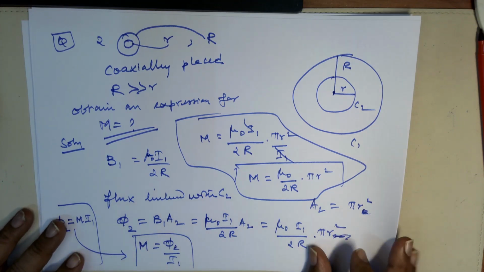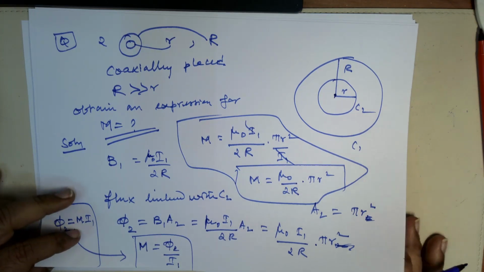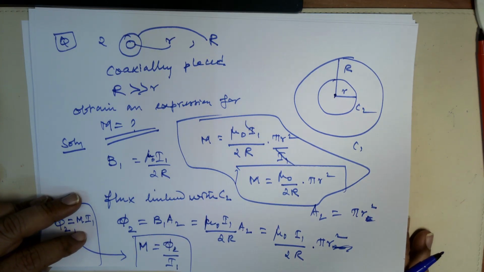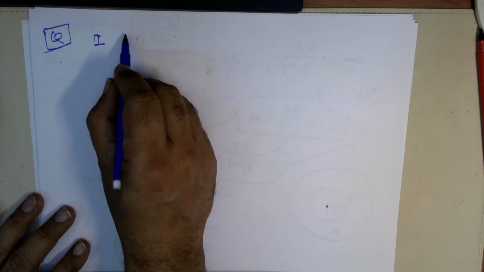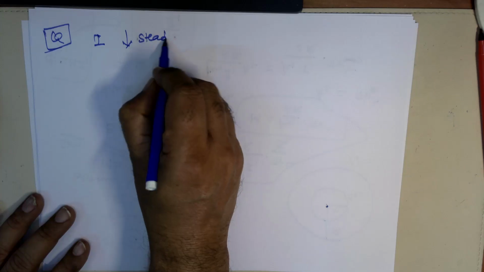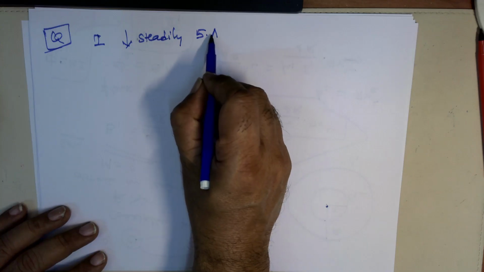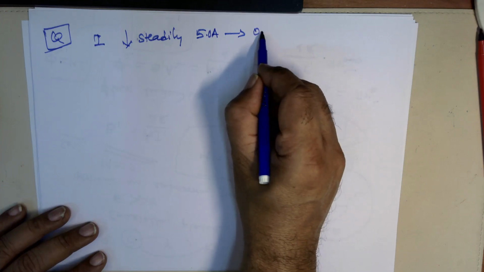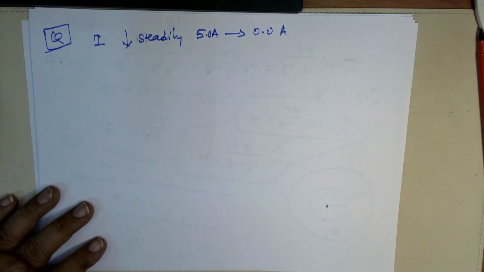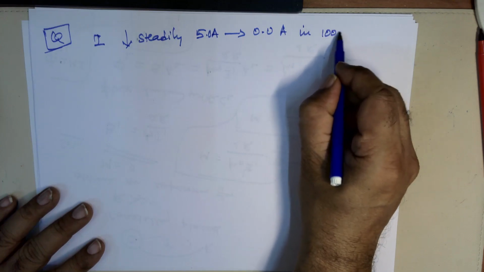Now let us move to the second question. The current in a circuit falls steadily from 5.0 ampere to 0.0 ampere in 100 milliseconds.